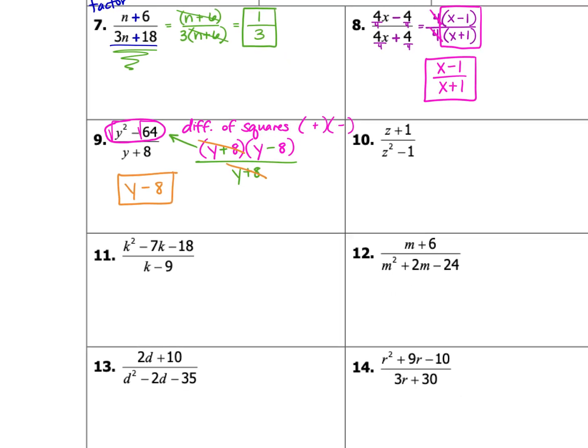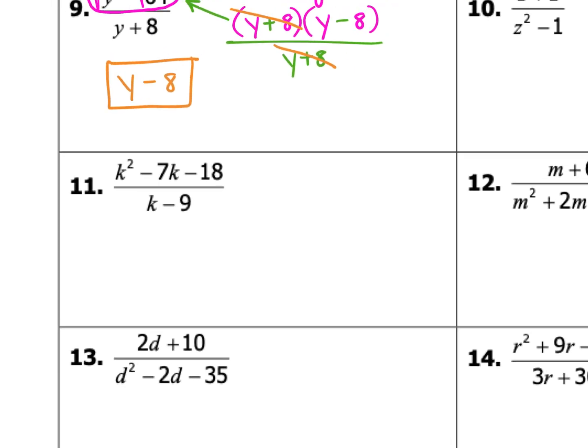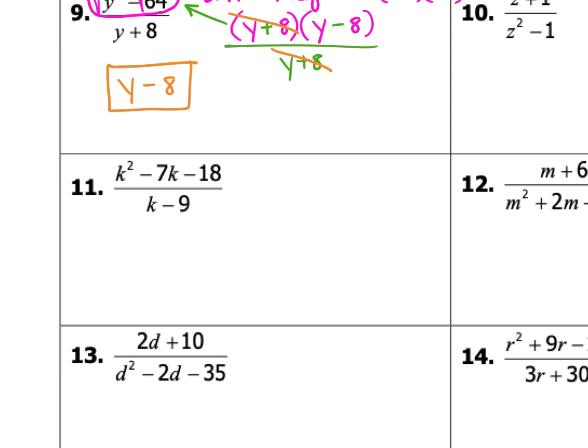Okay, look at 11. This gets a little fancy again. This is not a difference of squares. So think for a minute if you can remember how to factor something that is not a difference of squares. Remember this guy?